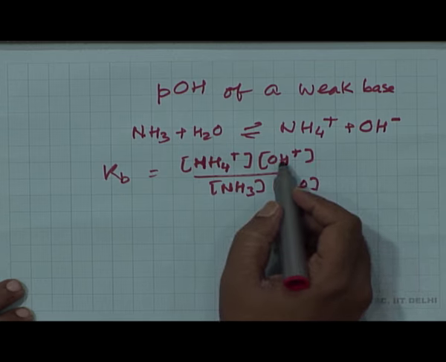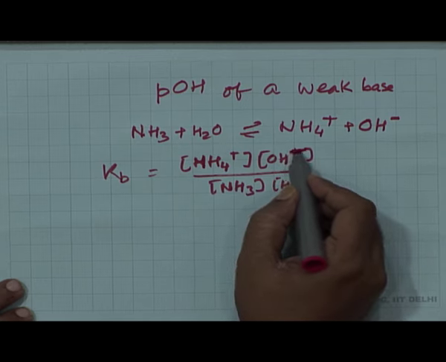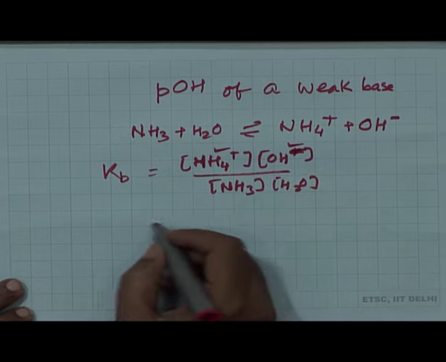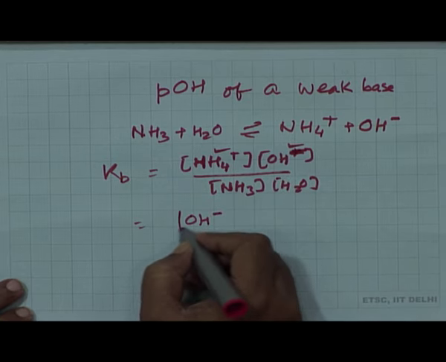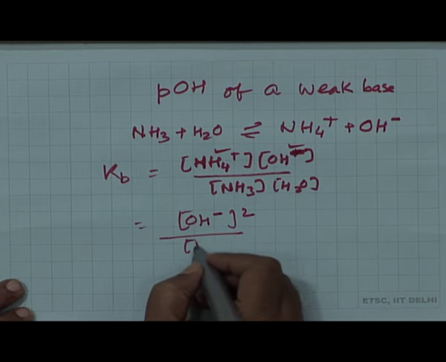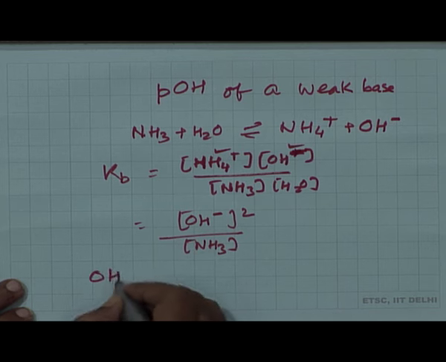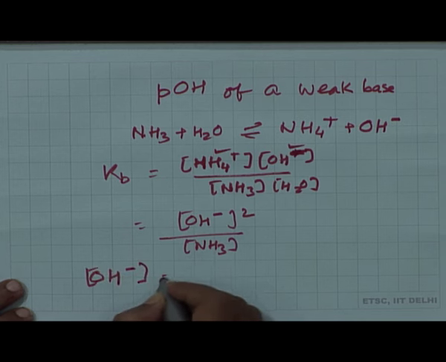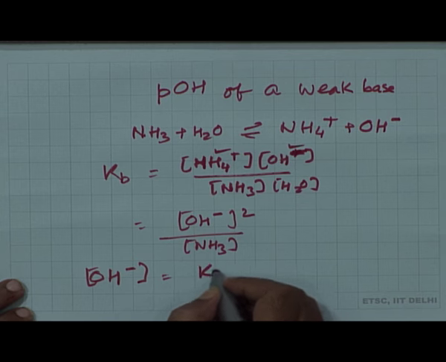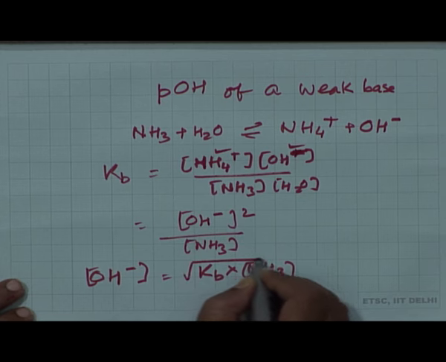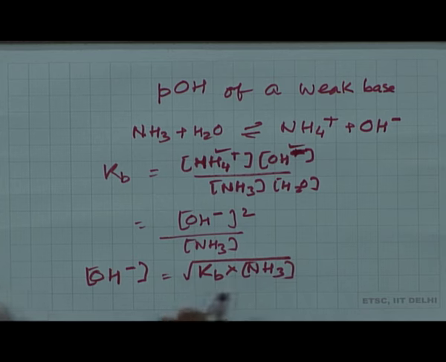In this case also, NH4 plus ion and OH minus ion will be equal. So, you can simply write OH minus squared by ammonia, and so OH minus ion concentration will be given as the square root of Kb into NH3 concentration.